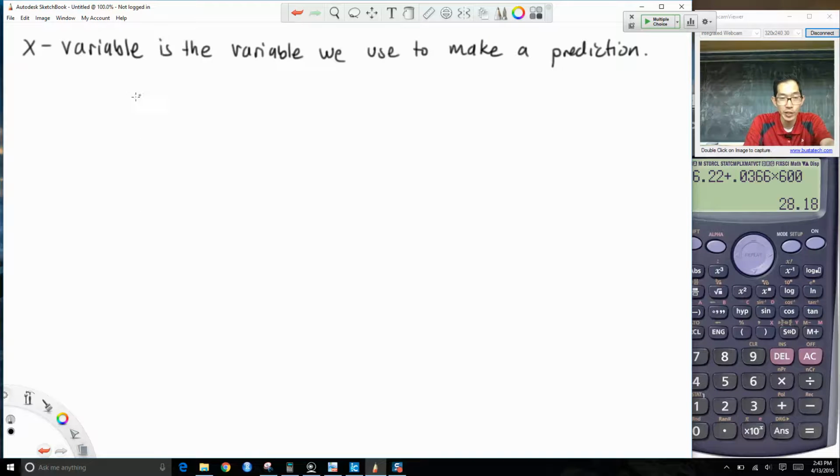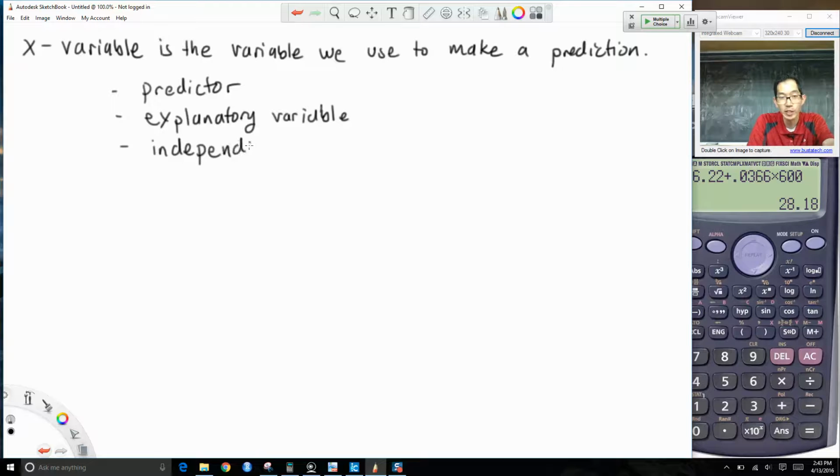Other names for the x variable include the predictor variable, the predictor, the explanatory variable, because it is the variable that explains things, or the independent variable. Now, I don't really care for this term, but the idea is that the variable x is independent to vary, that we maybe have some control over the x variable.